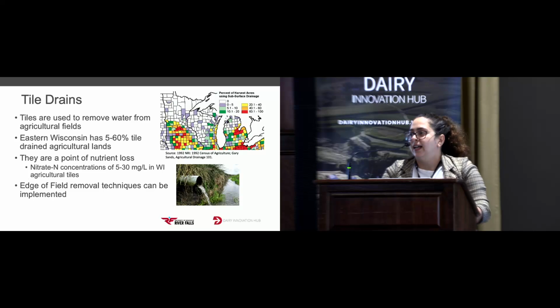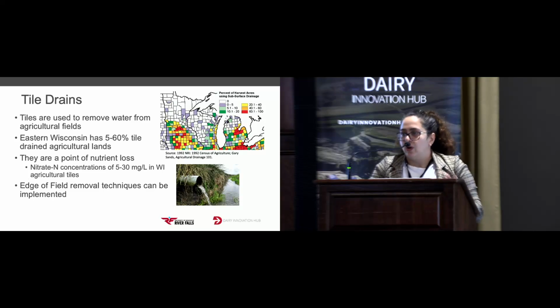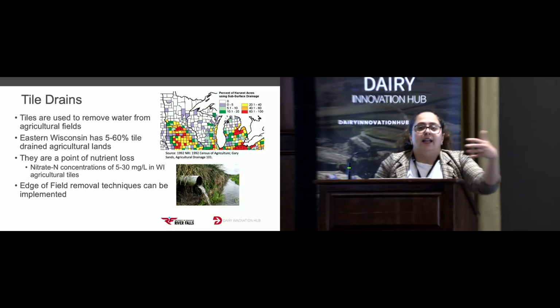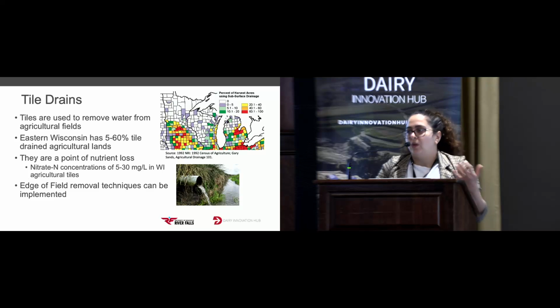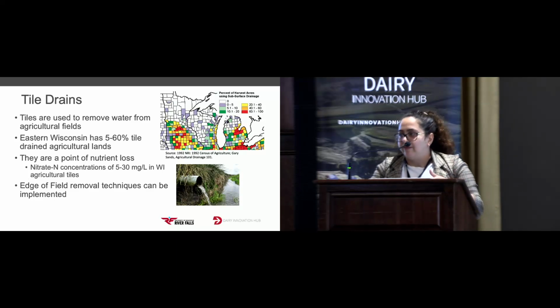Wisconsin has a good portion of tile drainage systems. In the old days, in the spring the soil was really wet, so you had to find a way to remove that water from the soil, and tile drainage systems are applied to get rid of that water.